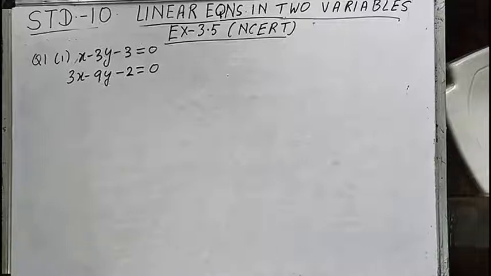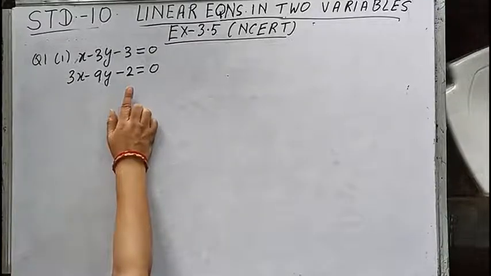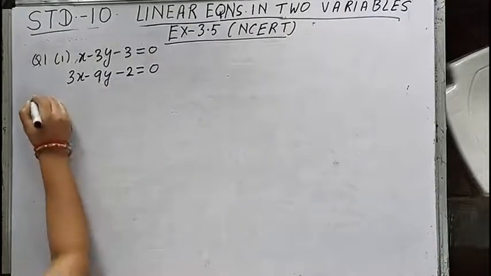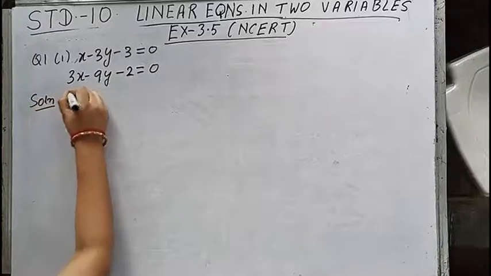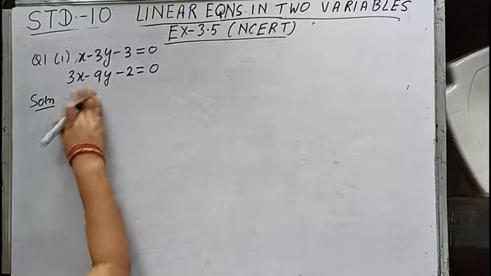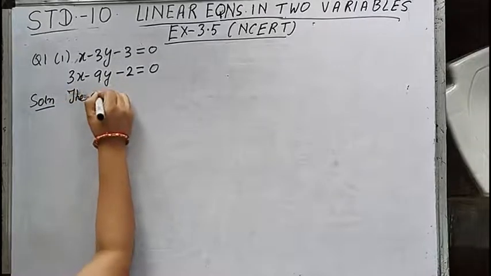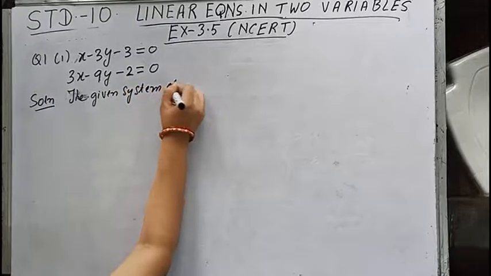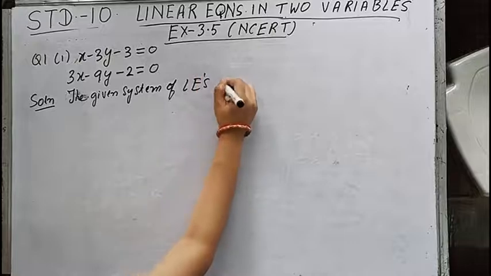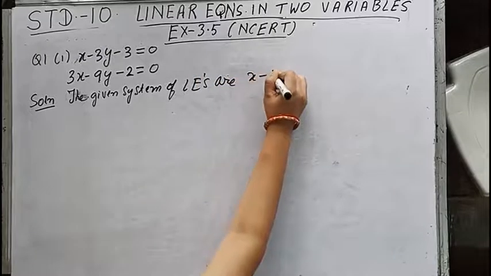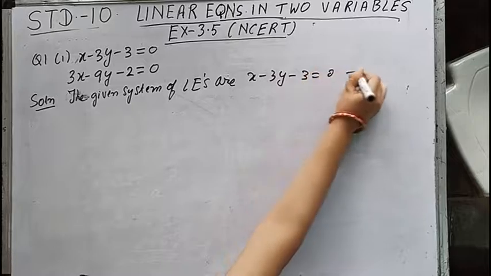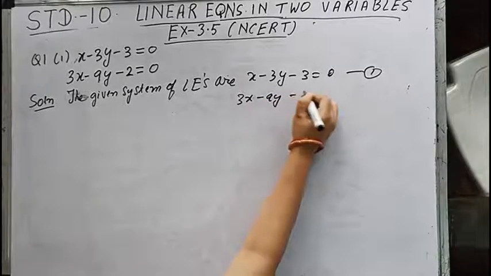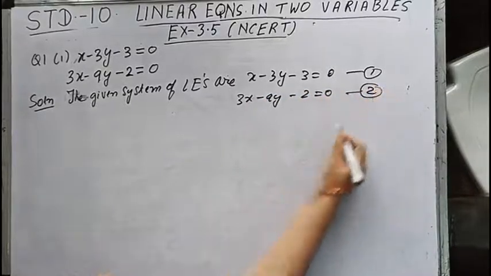Question number 1, subpart number 1 is, the system of two linear equations is x minus 3y minus 3 equals to 0 and 3x minus 9y minus 2 equals to 0. Let us start the solution. Here the given system of linear equations are x minus 3y minus 3 equals to 0, equation 1, and 3x minus 9y minus 2 equals to 0, equation 2.